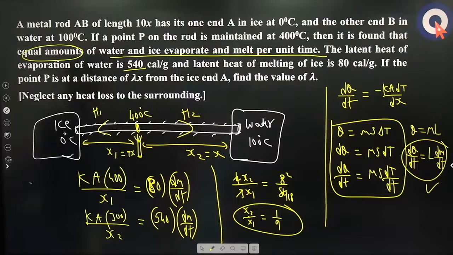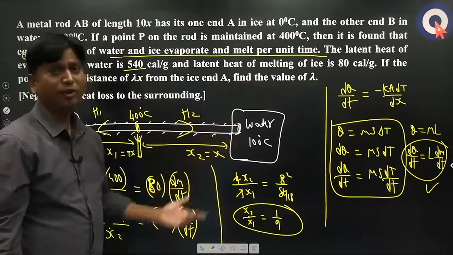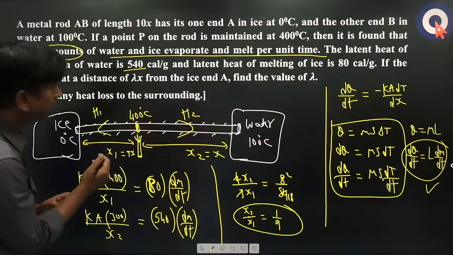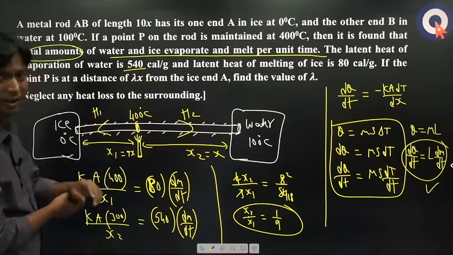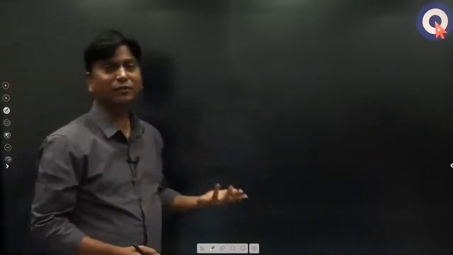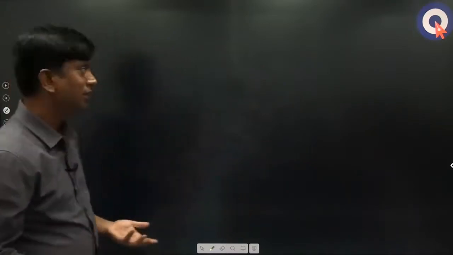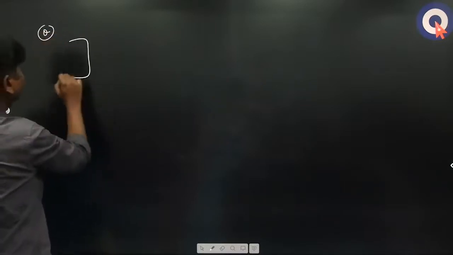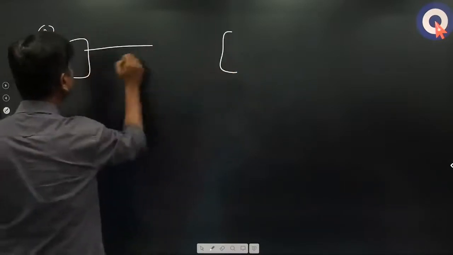So this is a question which relates to calorimetry and also heat transfer by conduction, right? Some of the questions in this topic will come like this. They'll be asking us to find the temperature of a particular junction. So two rods are there, something like this.